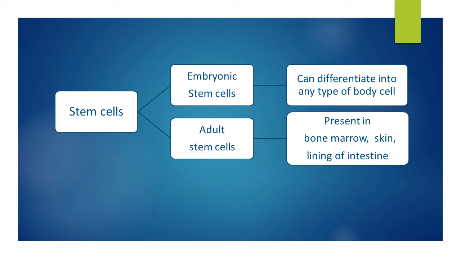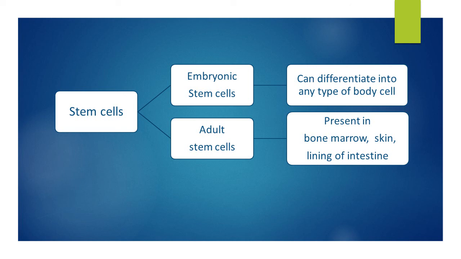In humans there are two main types of stem cells. So first one is embryonic stem cells and the other one is adult stem cells. Embryonic stem cells are found in early stage of development of the embryo. They can differentiate into any type of body cell, and adult stem cells are found only in certain adult tissues such as bone marrow, skin and lining of intestine.